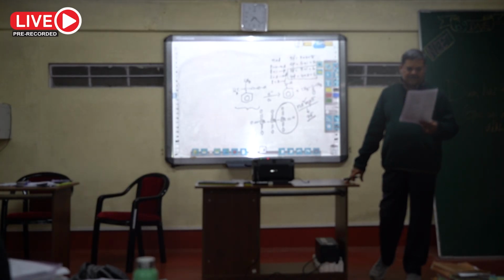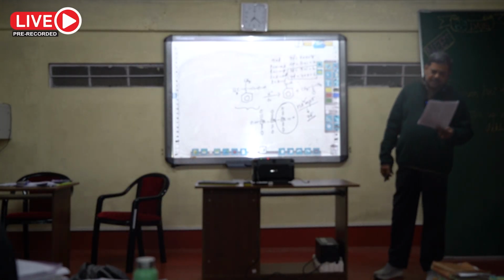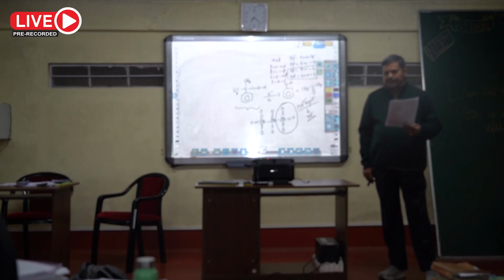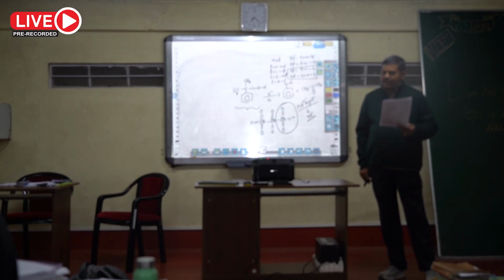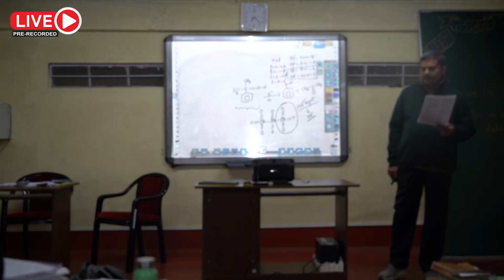Next question. Question number 50. Which of the following reactions are disproportionation reactions? That also students can easily identify. First one, cuprous ion in aqueous medium disproportionates into cupric and copper: plus 1, plus 2 and 0.